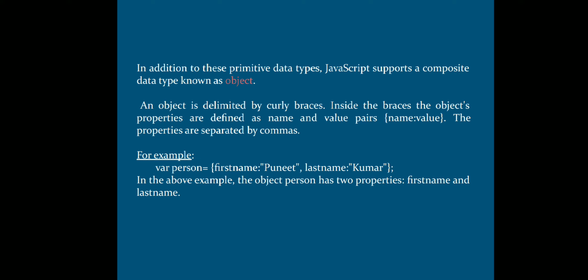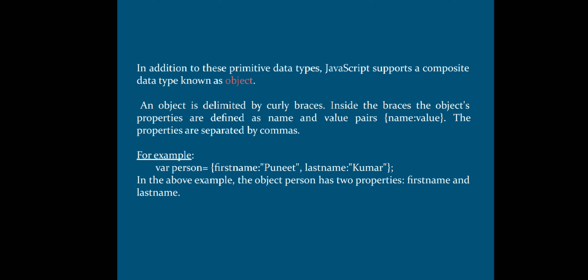Like this, you can see name colon value given within curly braces. The properties are separated by commas. If an object has more than one name value pair, then they are separated by commas.